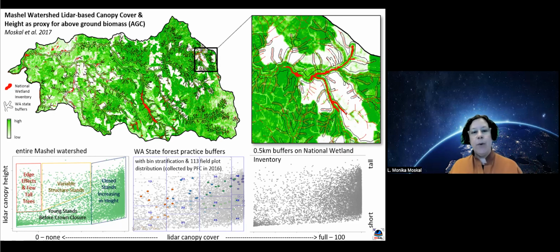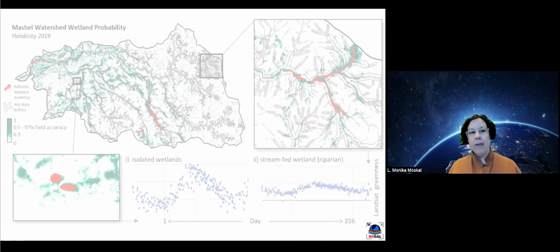So the stuff that we do is supportive. We try and look at areas with uncertainty. So this particular project looked at riparian zones and tried to look at above ground biomass specifically in riparian zones and map them across watersheds and then compare them between different watersheds as well.